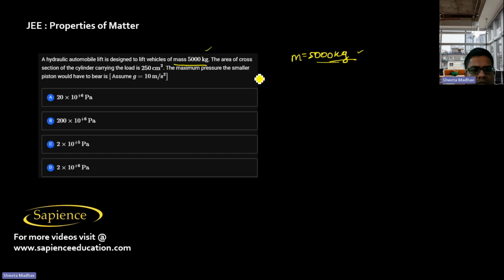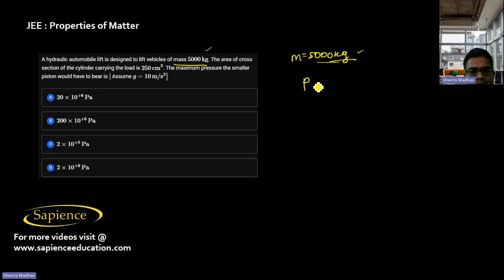The area of cross section of the cylinder carrying the load is 250 centimeters square. Maximum pressure the smaller piston has to bear is.